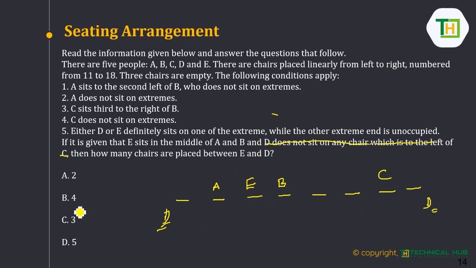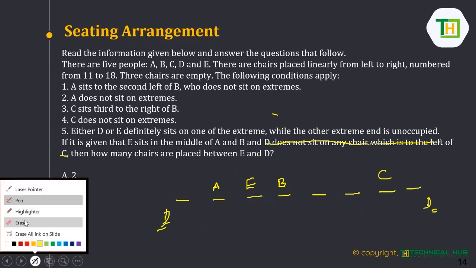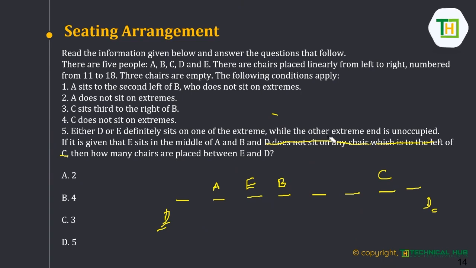So additionally, suppose this condition is possible. Adding this statement also means it is given that no chair to the right of C is unoccupied.